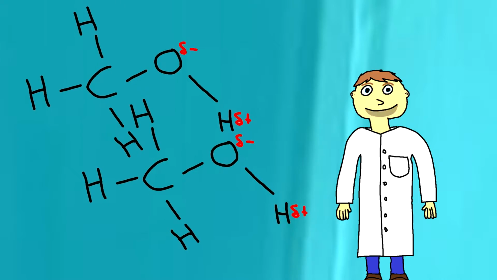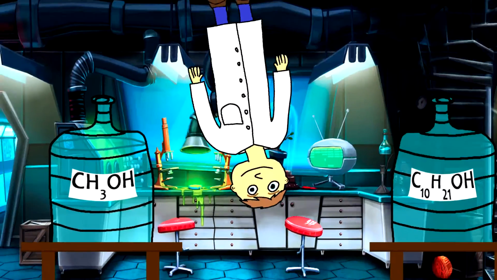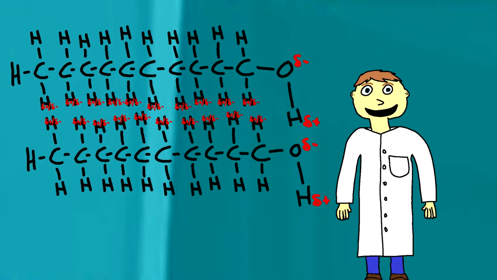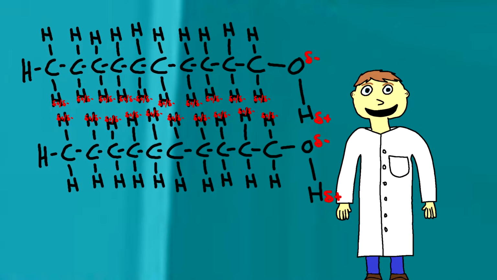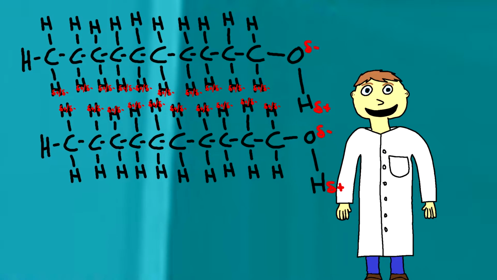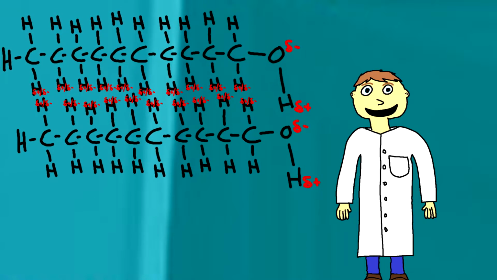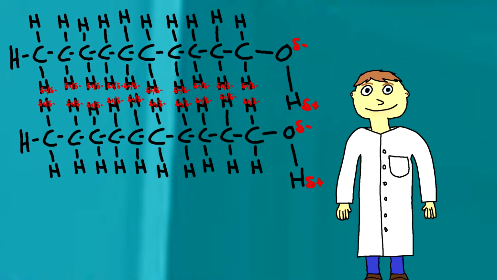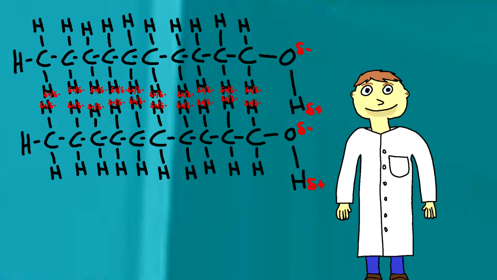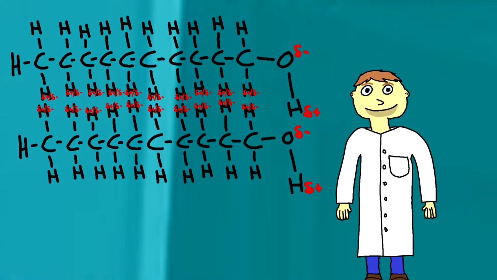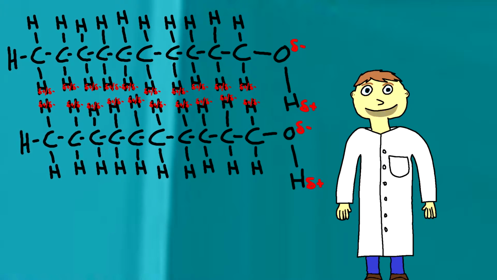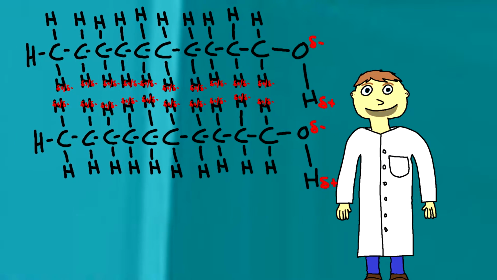Let's take a peek over at the decanol. It looks like the carbon chains are attracted to each other too, which is weird since everything should be stable. But that's because of the van der Waals forces, specifically the London dispersion forces. We can only predict electrons and their positions. Sometimes they may be so random as to make one side of an element slightly positive and the other slightly negative.